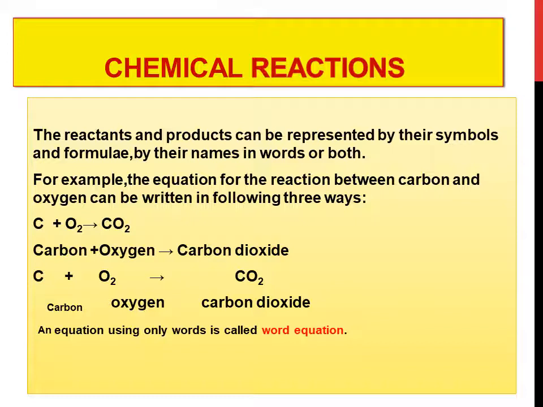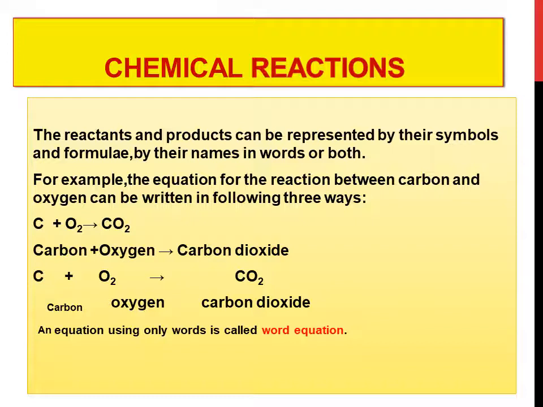Now chemical reactions, they are continued. The reactants and products which we are using in any chemical equation can be represented by their symbols and formulae, or they can be represented by their names in words, or they can be represented by both. All three examples are shown in the presentation.